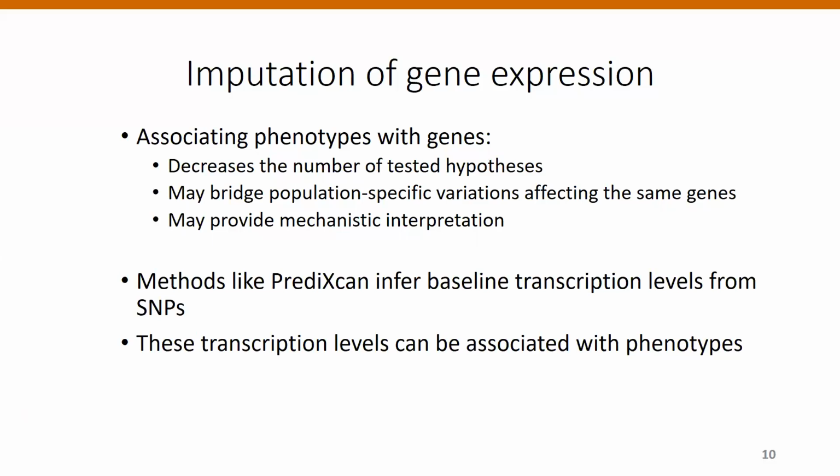And it may also provide, of course, a mechanistic interpretation if you understand what the gene that you associated the phenotype with actually does, for example, participates in a certain pathway. And methods like PrediXcan, which I'm going to present in the next slides, infer baseline transcription levels from SNPs. And then they take these inferred transcription levels and associate them with phenotypes.